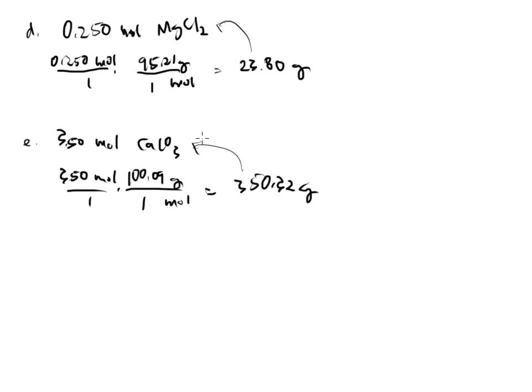All right, and I think that that's pretty much all that we need to talk about as far as converting moles into gram, right? That's the focus of this lecture, and that's all that we've done. We've gone from mole to gram.